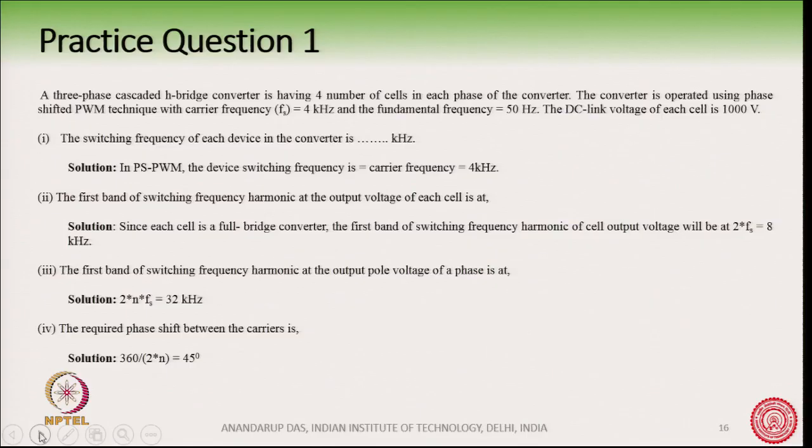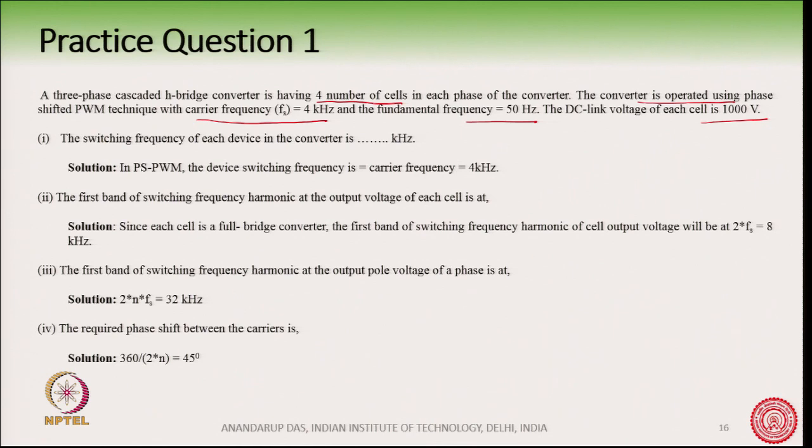A 3-phase cascaded H-bridge converter has 4 cells in each phase of the converter. The converter is operated using the phase shifted PWM technique with a carrier frequency of 4 kilohertz, fundamental frequency 50 hertz, and the DC link is equal to 1000 volt. The question is the switching frequency of each device in the converter.